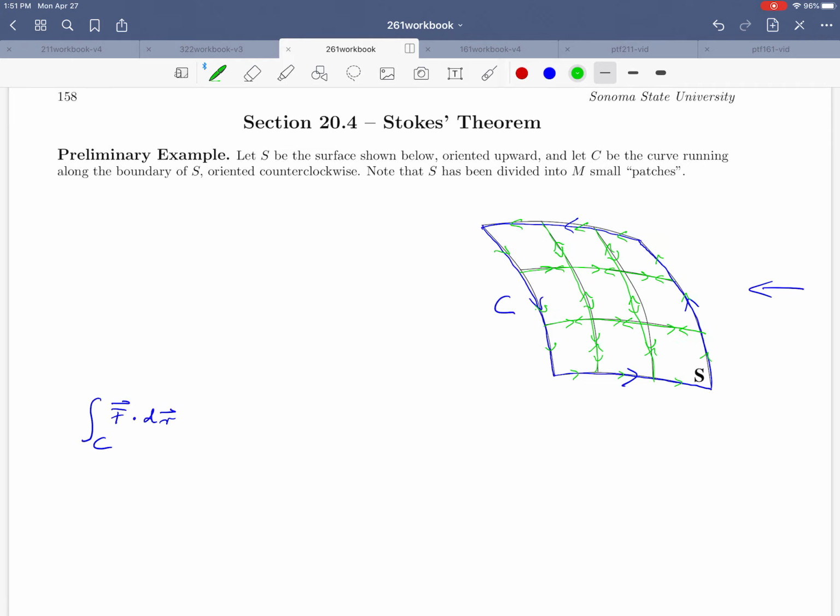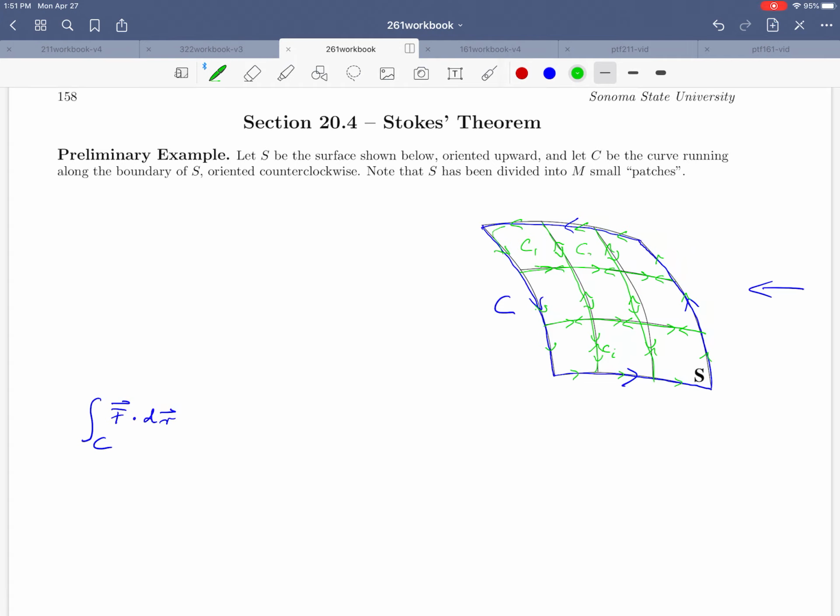And so I have all of those, right? I have all these little C_i's right here. Each of my little green things is a little C_i. So up here I have C1, and then I have C2, and so on. If I computed little line integrals around all of these little curves, I get something.